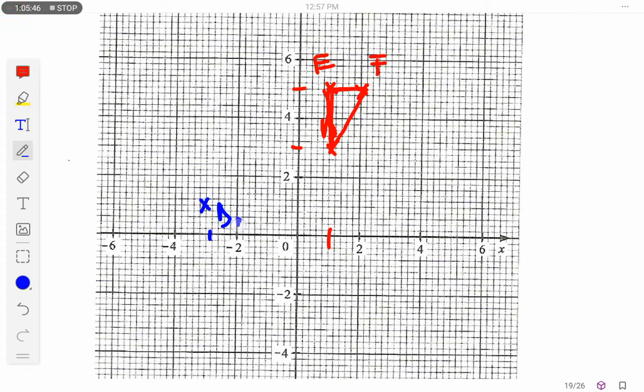Then our E1 is minus 5, 1, so it's here. Then our F1 is minus 5, 2, so that's F1 here. So the diagram is now like this. That's our triangle now. Okay, let's move on to the next part of the question.